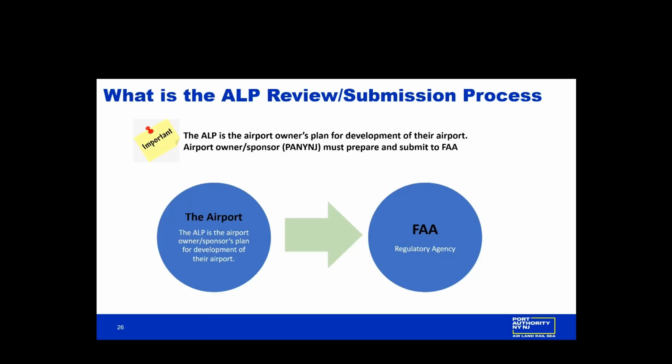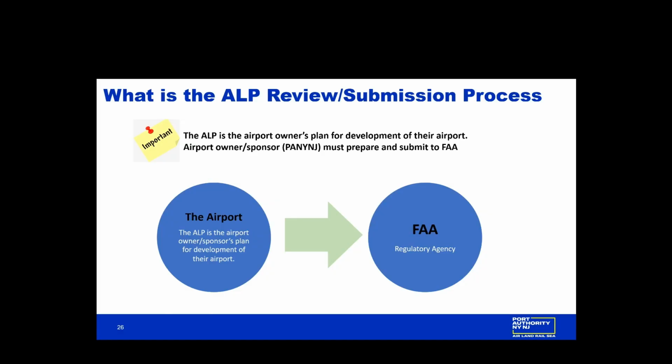So we're going to talk about the ALP review and submission process. First, I want to be clear: the Port Authority, or APD, does not review or approve the ALP. We prepare the ALP on behalf of the airport and submit it to the FAA for review and approval. During the FAA's review, it might trigger other federal actions.